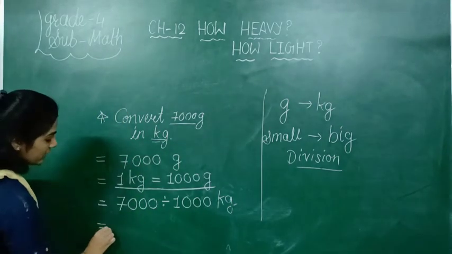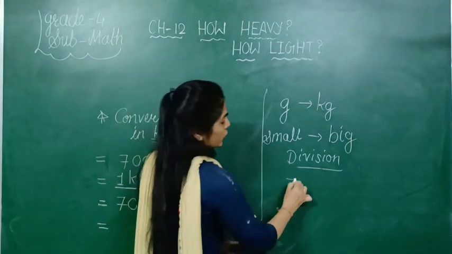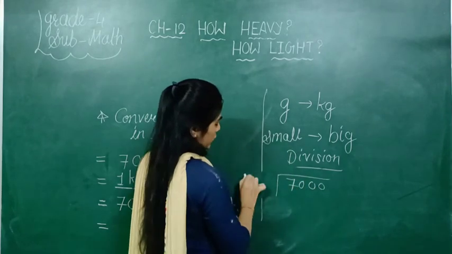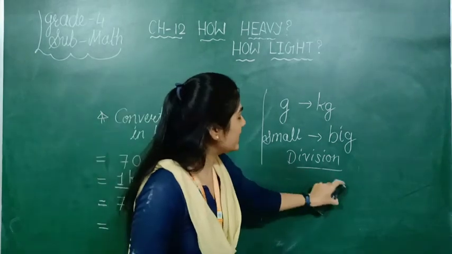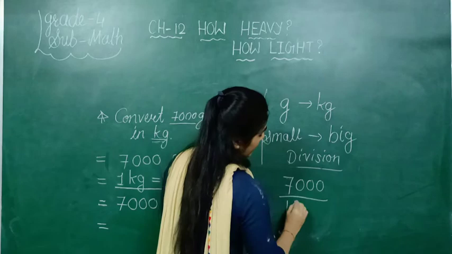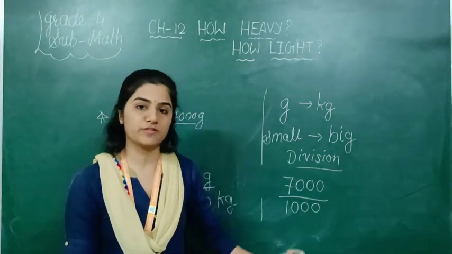Now how can you divide this 7000 by this 1000? You won't need to do this kind of long division. No, directly you can divide like this: 7000 divided by 1000. In this format you can do it in your rough space.